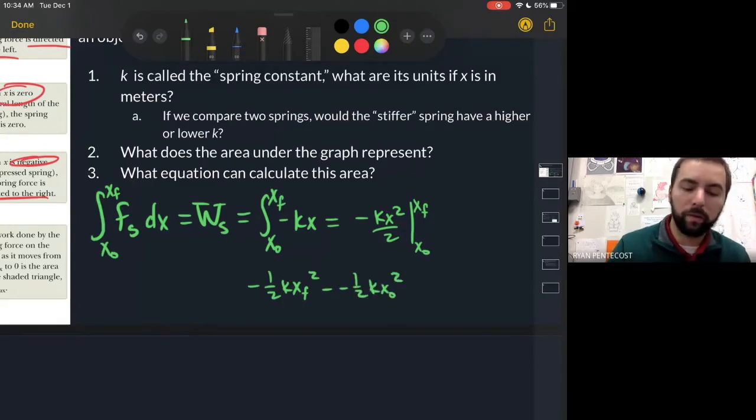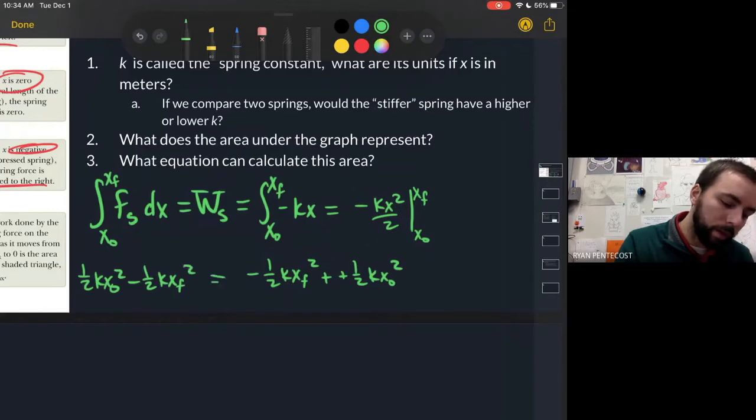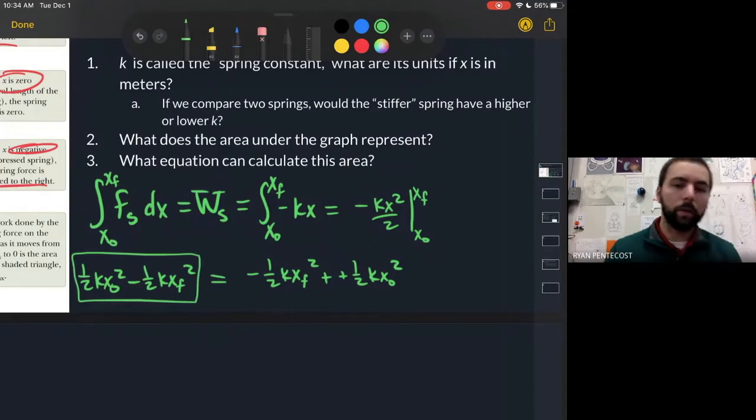So we do final minus initial like we do on all integrals. But this negative actually makes it simpler if we write 1/2 kx naught squared minus 1/2 kx final squared. Okay, you can see that those equal each other. So you can notice that the minus sign can flip when you do this.